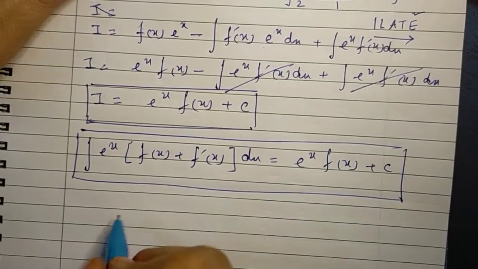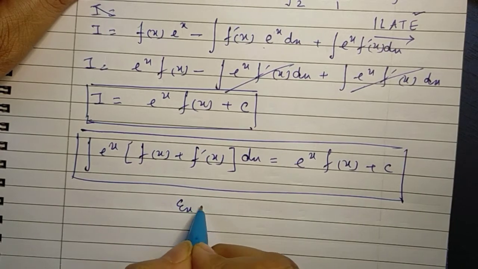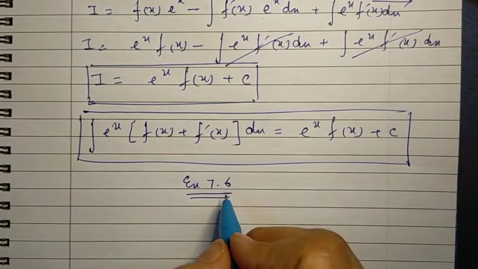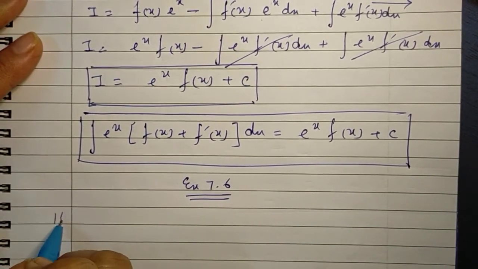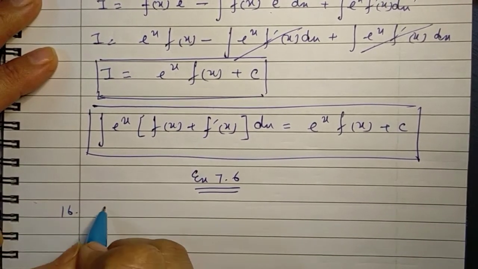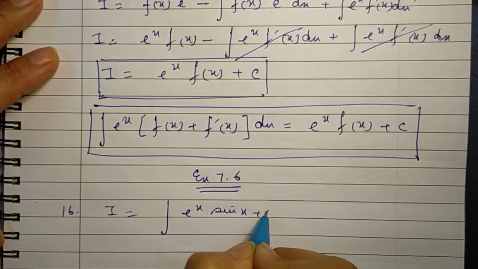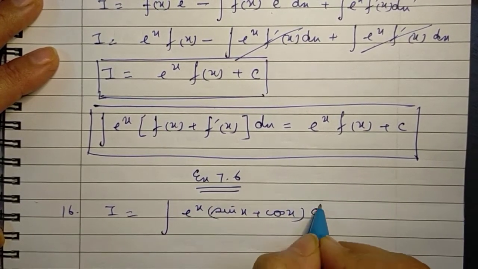Okay, now let's do some questions based on it. So let's again continue with our exercise 7.6, question number 16. Now we have I is equal to the integral of e raised to the power x times [sin x plus cos x] dx.